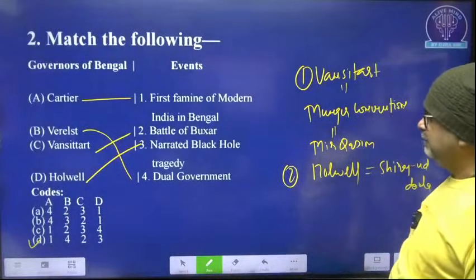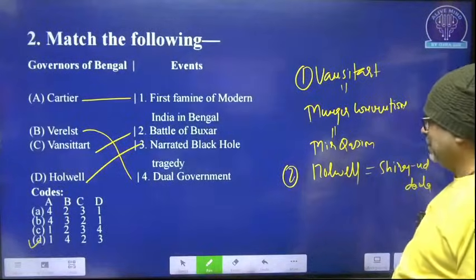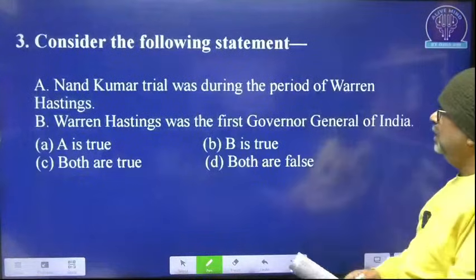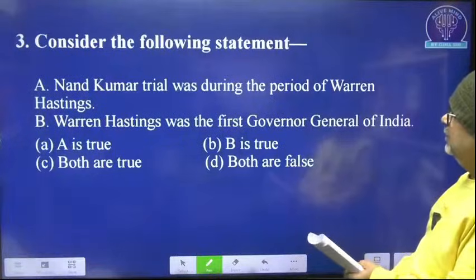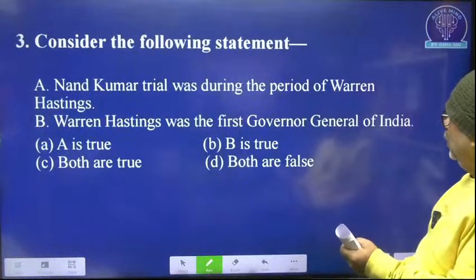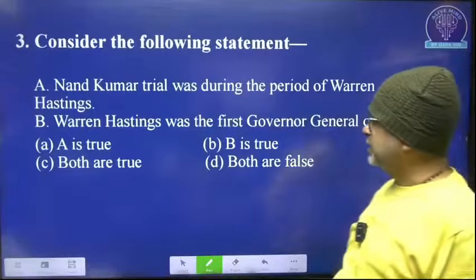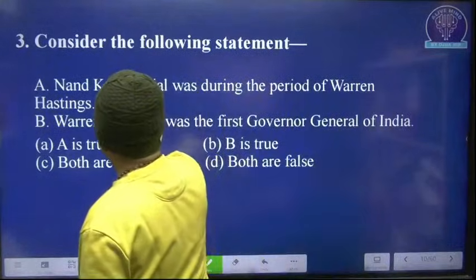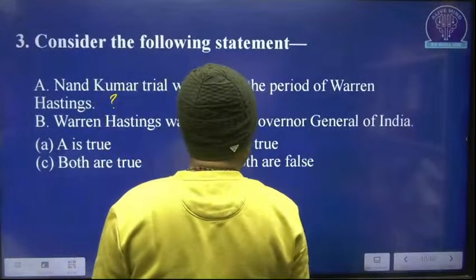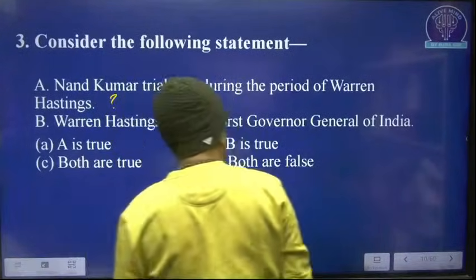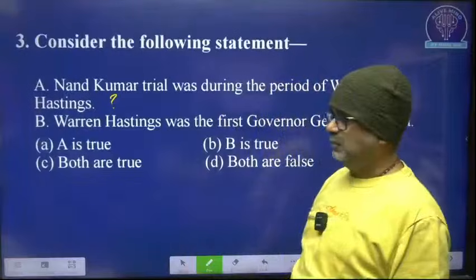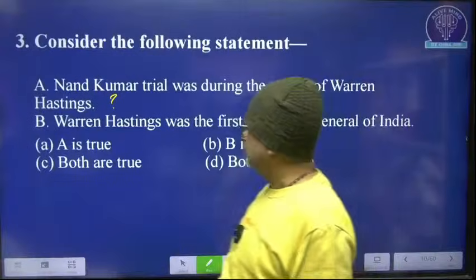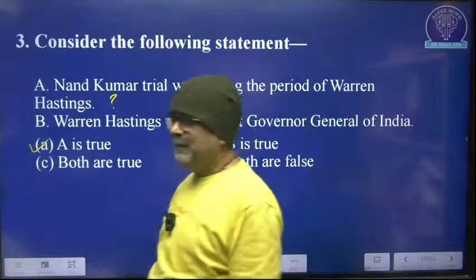Second, D. Consider the following statement. Nand Kumar trial was during the period of Warren Hastings. Very important. Yes, Warren Hastings was the first Governor General of India, first Governor General of Bengal. So, A is true. What is this Nand Kumar trial?